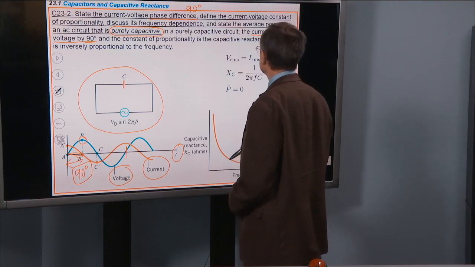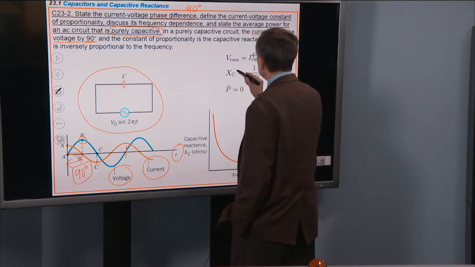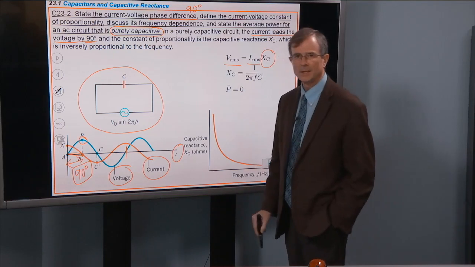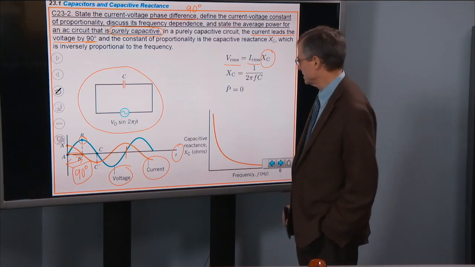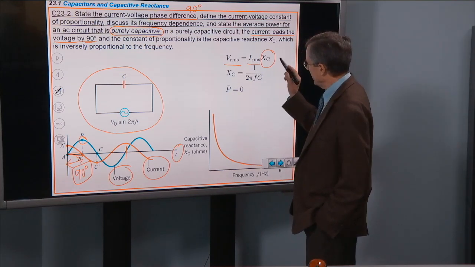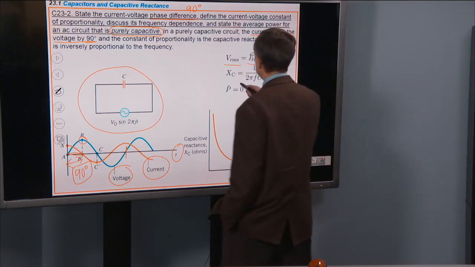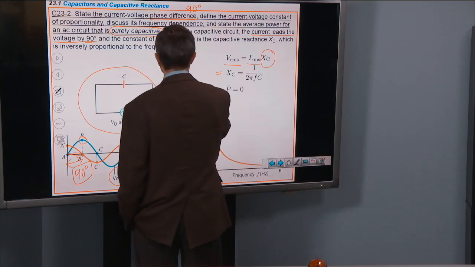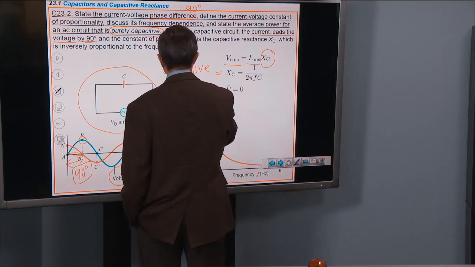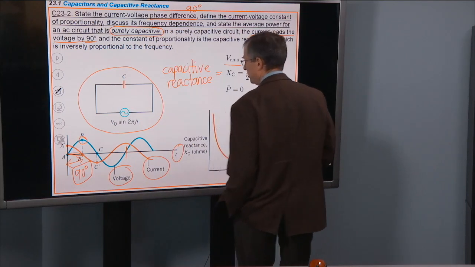What about everything else? Current leads the voltage by 90 degrees. The constant of proportionality between the voltage and the current is called the capacitive reactance, X sub C. You see, I'm never going to be able to remember that.